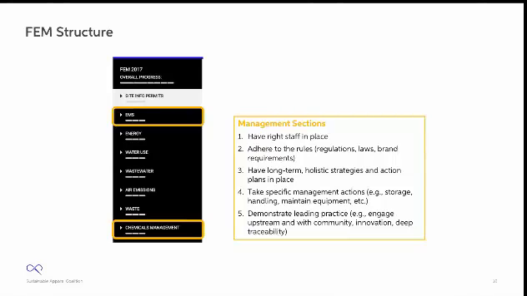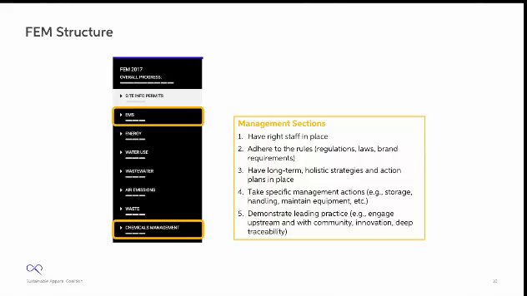Are you adhering to rules and regulations in your region for these issues? Do you have strategies in place to take action to improve your policies and practices? Have you taken management actions and how you are managing these issues, improving management practices, things like that?